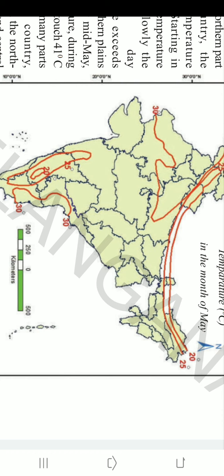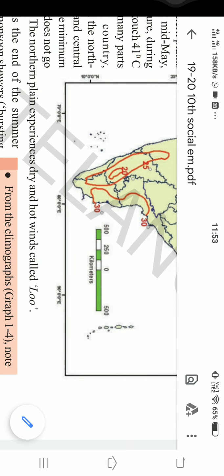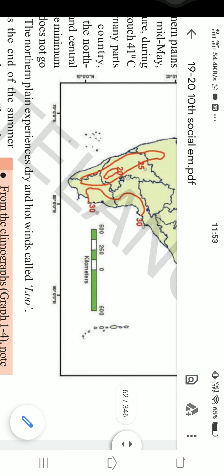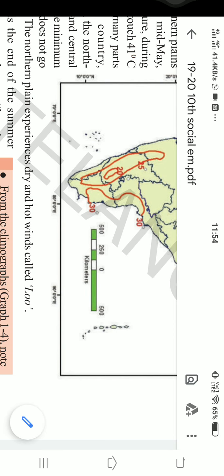So here we see that when it reaches the southern part of India, this moisture laden wind, that means the winds carrying moisture from the Indian Ocean, are called moisture laden winds. Those winds pick up moisture from the Indian Ocean. After reaching the southern part of India, it divides into two branches.